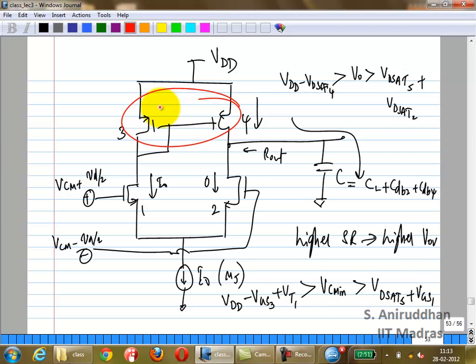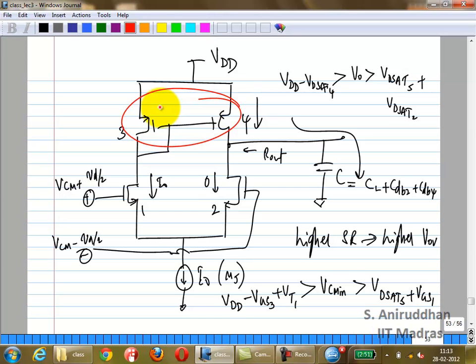If I add a cascode for the current mirror, what is the output impedance? It's RDS2 in parallel with, you will have a GM RDS times RDS4, right? So now you see, obviously you have to add cascode devices for both sides, both up and down.